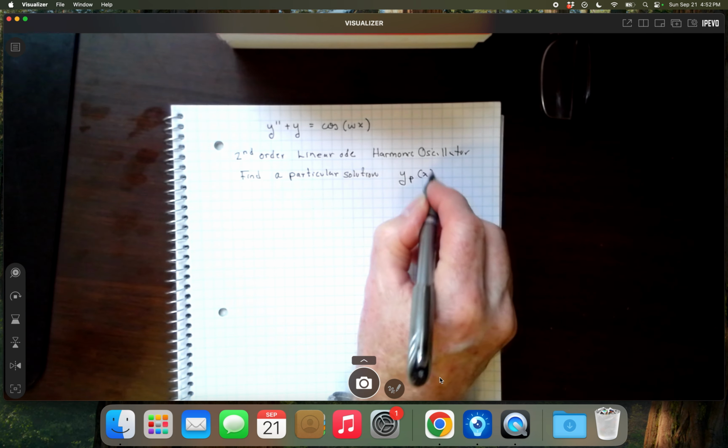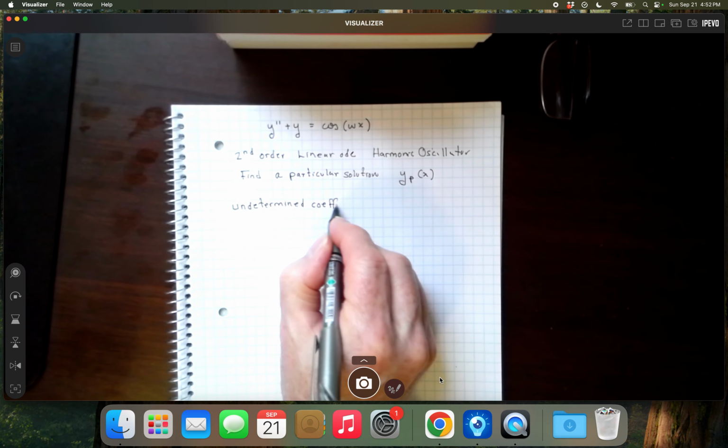The way you find a particular solution is the method of undetermined coefficients, chapter 4 in the textbook.